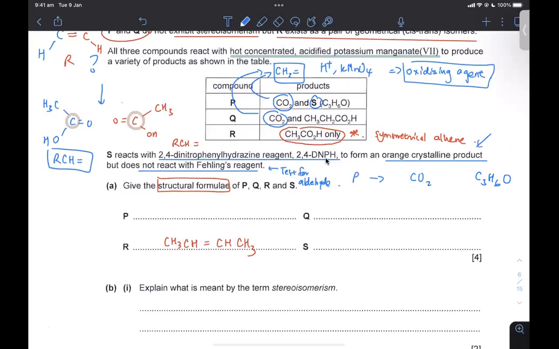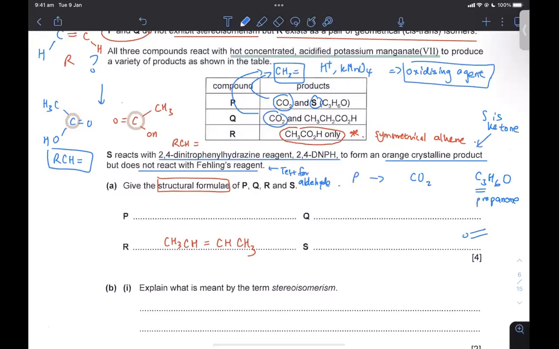So what we can say is S is a ketone, a 3-carbon ketone. What is the name for a 3-carbon ketone? Let's ask Akila. Propanone, and you should be able to sketch what a 3-carbon ketone is as well.